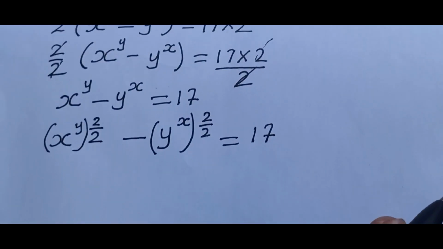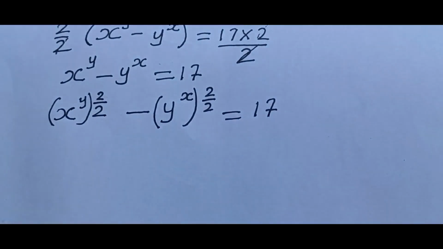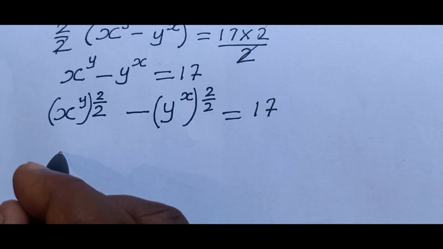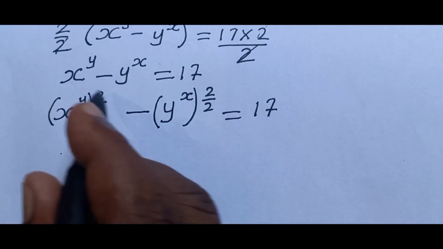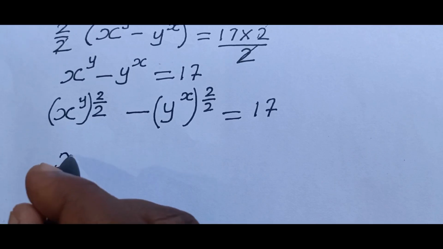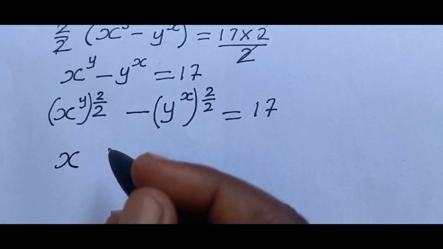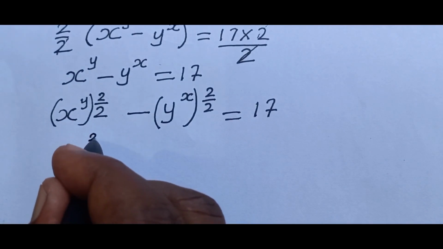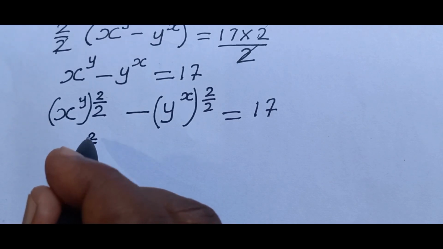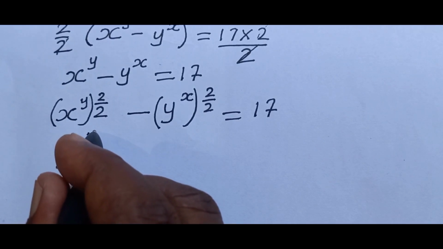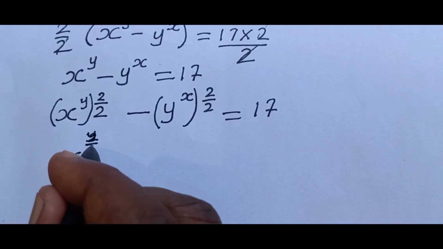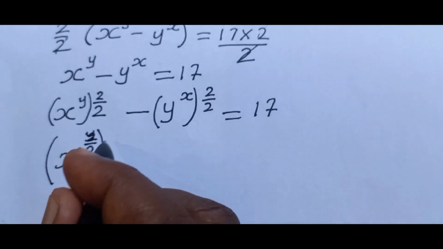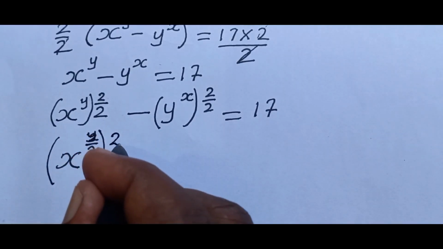So in our case here, we can do this way. Express this term as x raised to y over 2 in the bracket raised to power 2.